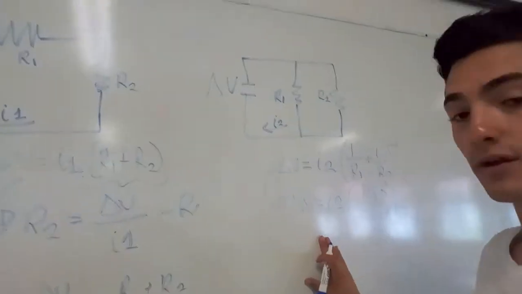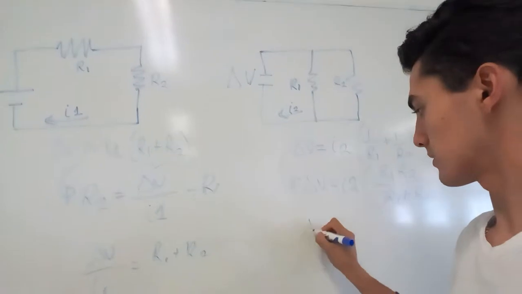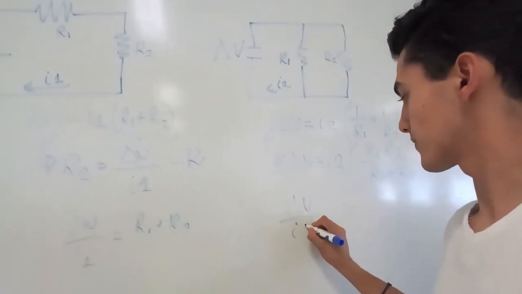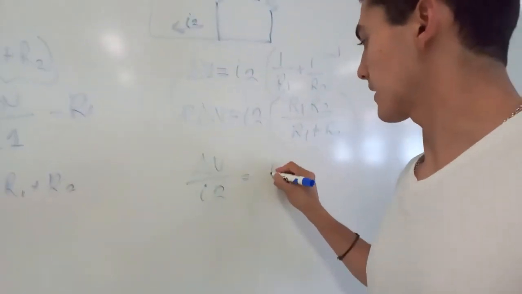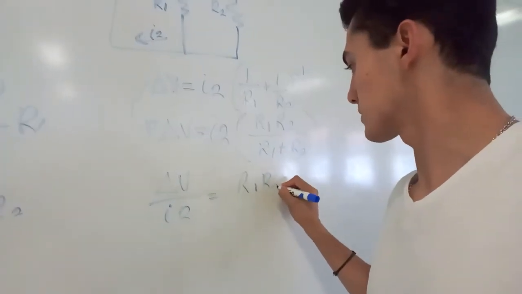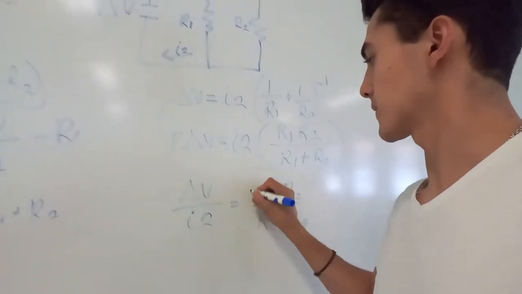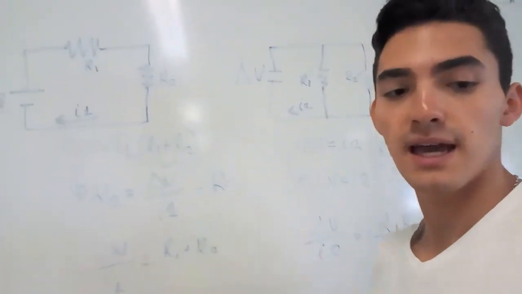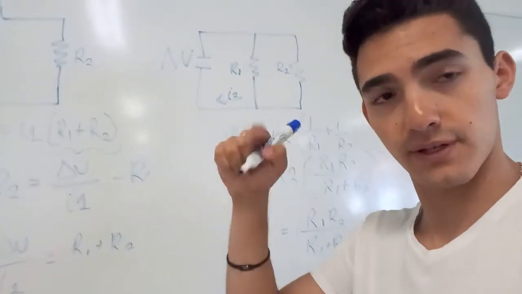Okay, and here for determining the same difference of the voltage with respect to the current 2, we are only gonna have this multiplication over this sum. Okay, and then we can multiply both differences in order to have an answer of the difference of the voltage.